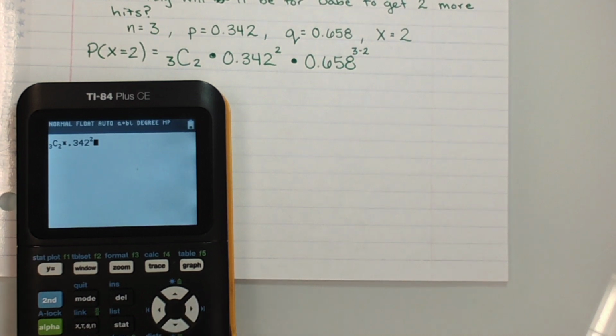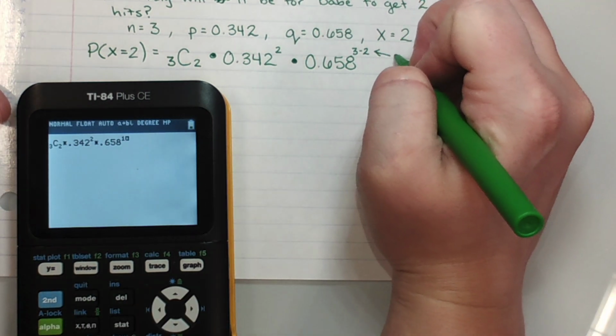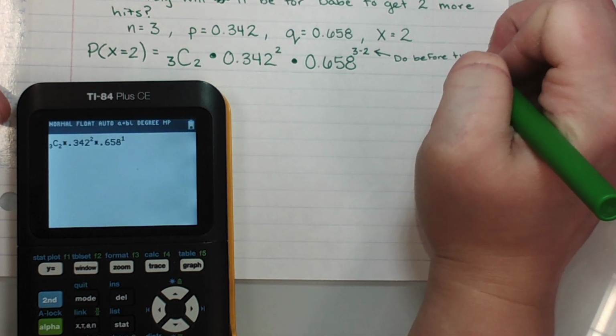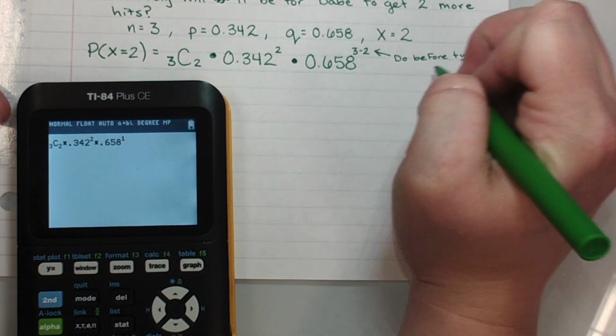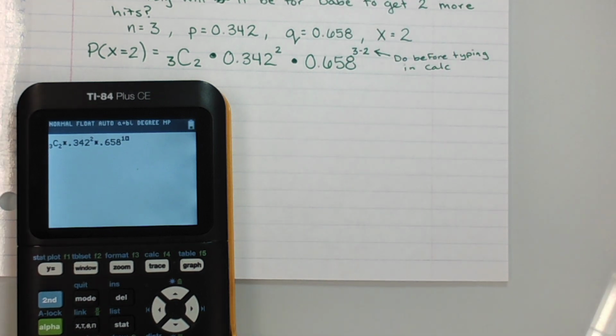When you type this into your calculator, make sure that you do that before putting it in the calculator, unless you really want to put parentheses around it to make the calculator do the correct math. Y'all can do math. It's 3 minus 2.